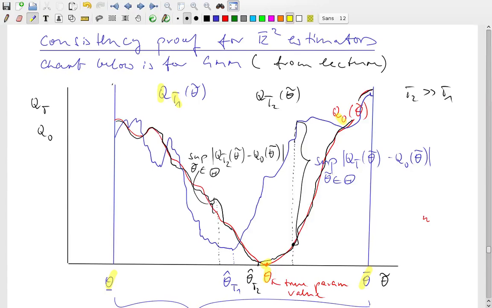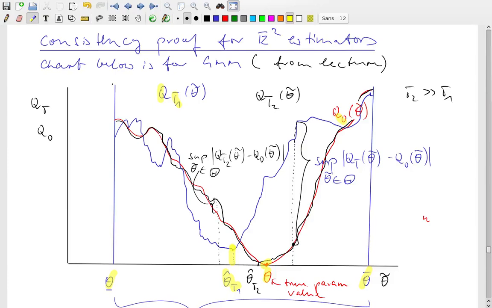This blue curve has its minimum down here at theta hat t1. Now note that if I had drawn a different sample, the minimum of the Q t1 function would be somewhere else. This is a particular realization of this Q t1 function as a function of the sample that we have. But you should see this as a random function which depends on the sample, and hence the minimum of that function also depends on the sample.